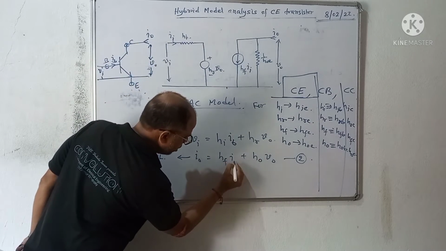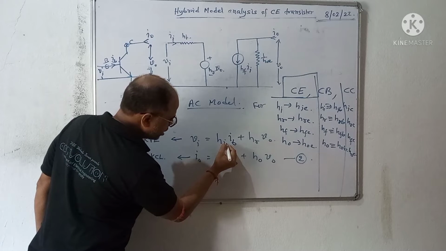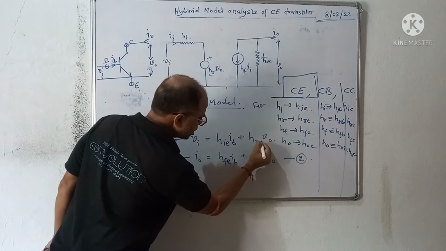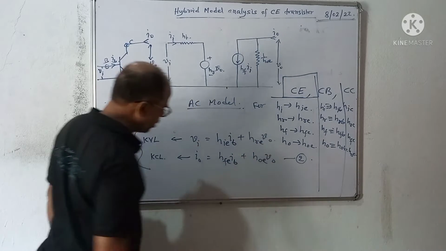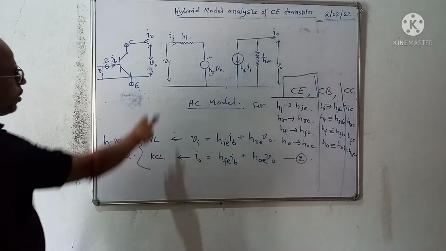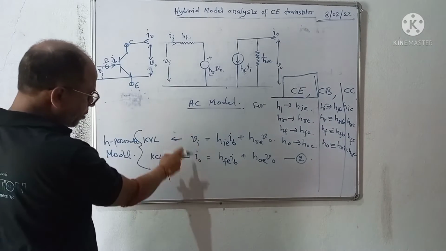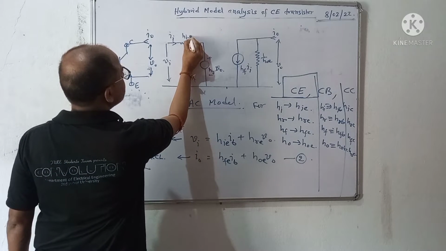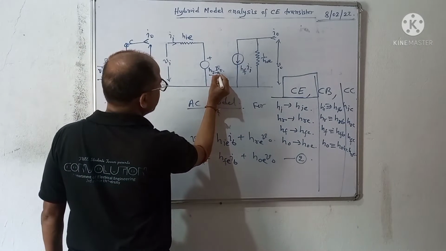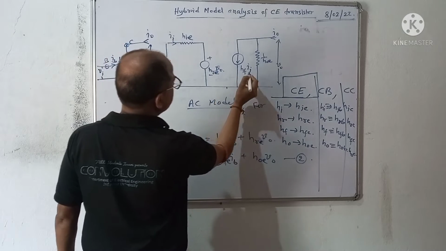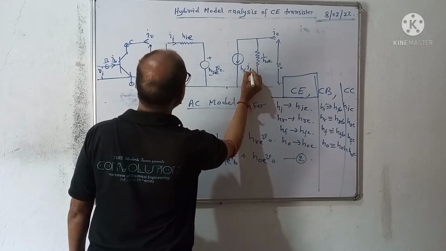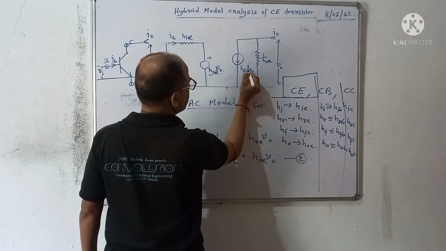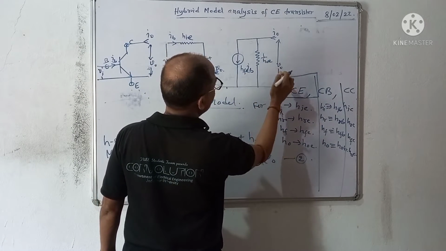Therefore, this is IB, and the parameters are HIE, HFE, HRE, HOE. Diagrammatically, these two equations can be drawn with HIE, HRE times the output voltage, HFE times IB, and HOE.